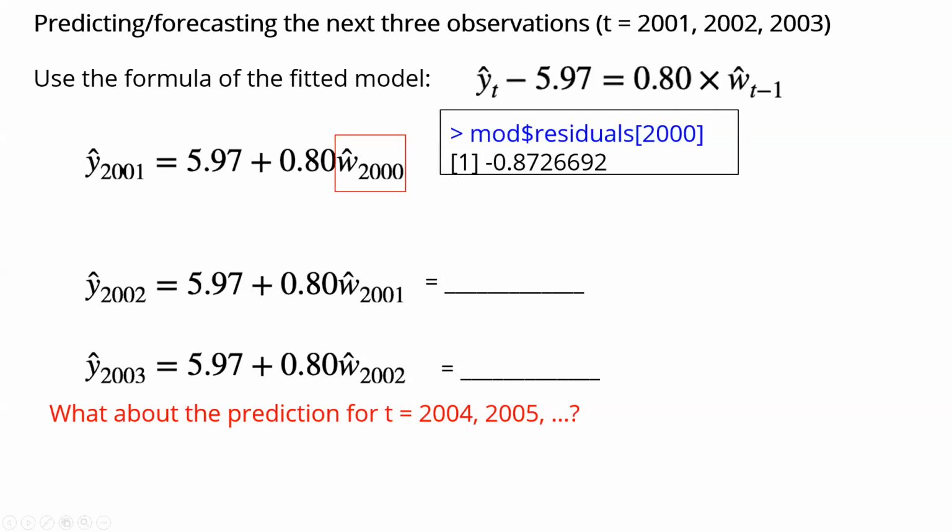When I'm predicting for Tuesday, this is a surprise for Monday. But right here, I actually want to predict for Wednesday. If I want to predict for Wednesday, I'm going to use a surprise for Tuesday. What do I mean by surprise for Tuesday? It is the shock on Tuesday, the white noise for Tuesday.